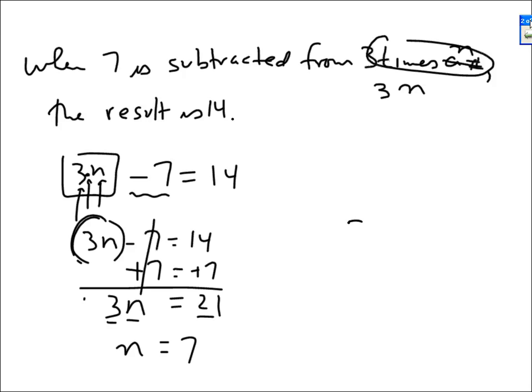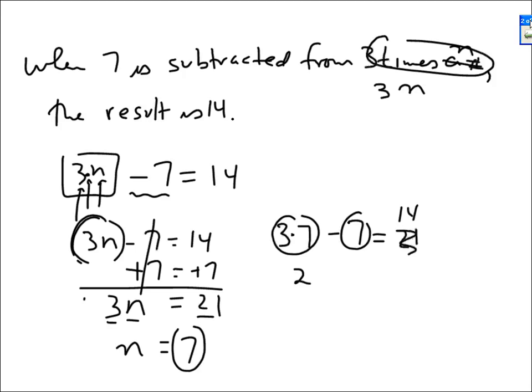When 7 is subtracted from 3 times a number. The number is 7. We just learned that. The result is 21. No. The result is 14. Oh, 21 minus 7. Is 21 minus 7 14? Well, let's see.